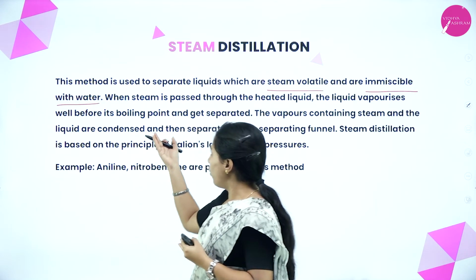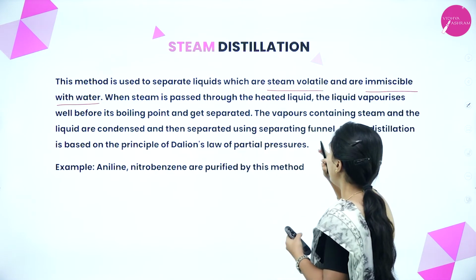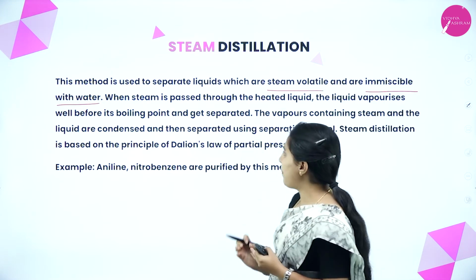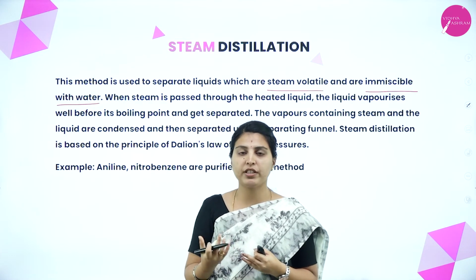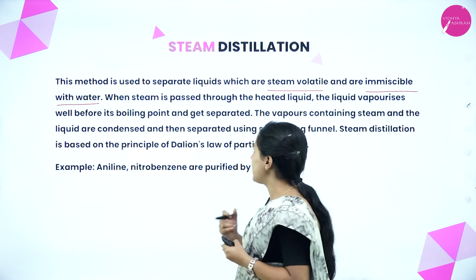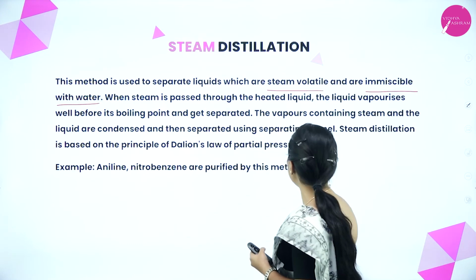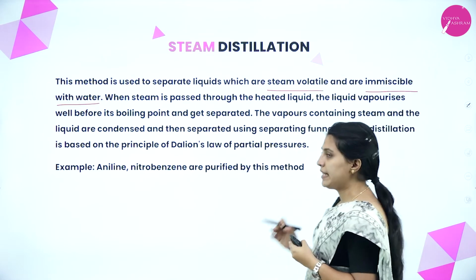When steam is passed through the heated liquid, the liquid mixture starts vaporizing before its boiling point. The vapors containing steam and the liquids are condensed and then separated using a separating funnel.